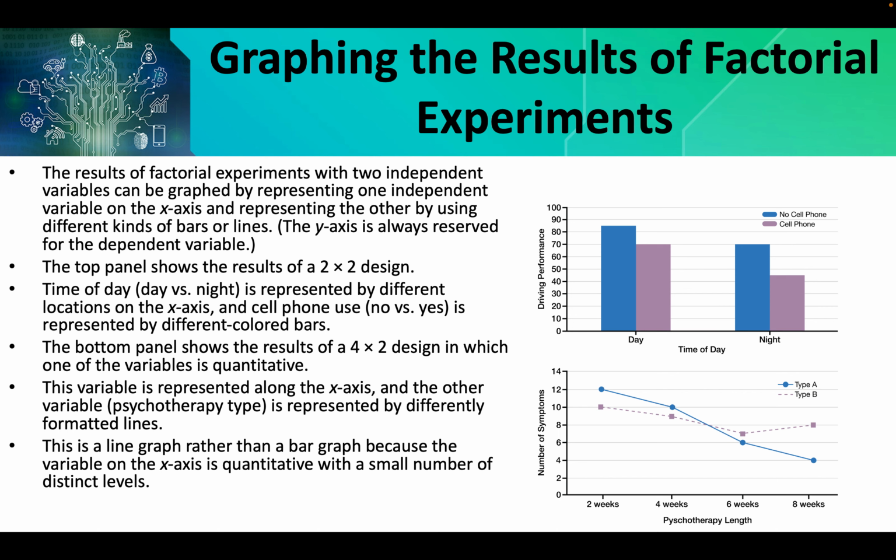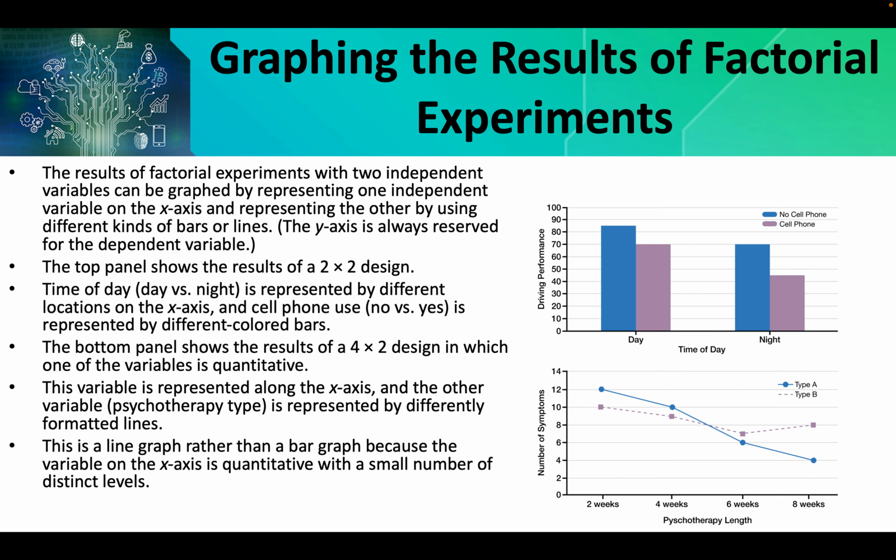The top panel shows the results of a 2x2 design. Time of day, day versus night, is represented by different locations on the x-axis, and cell phone use, no versus yes, is represented by different colored bars. The bottom panel shows the results of a 4x2 design, in which one of the variables is quantitative.